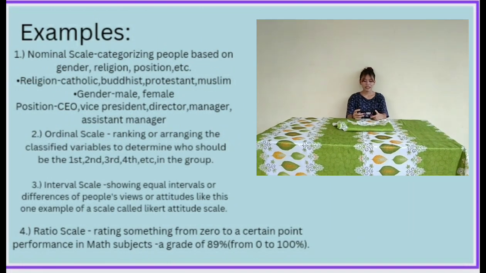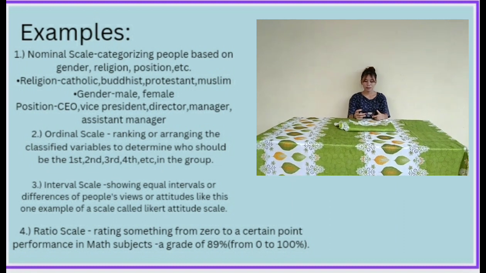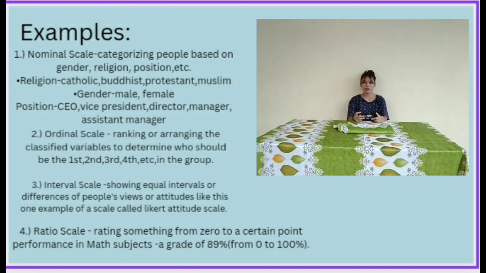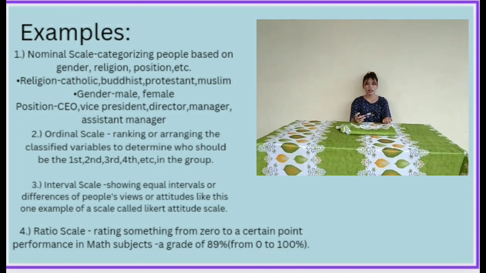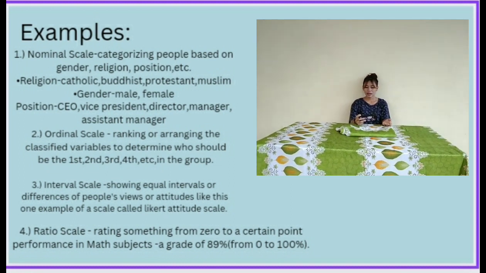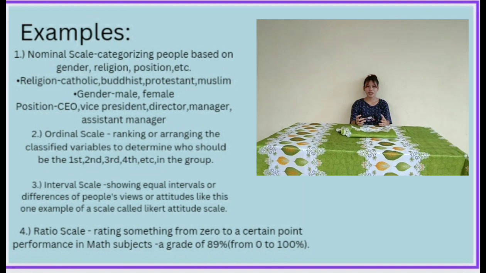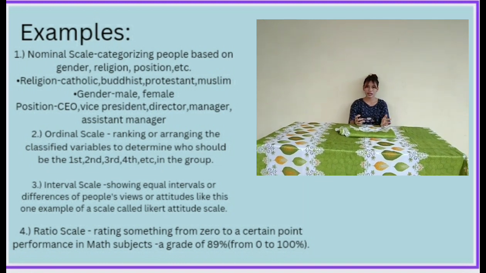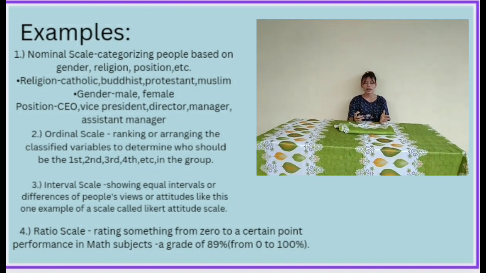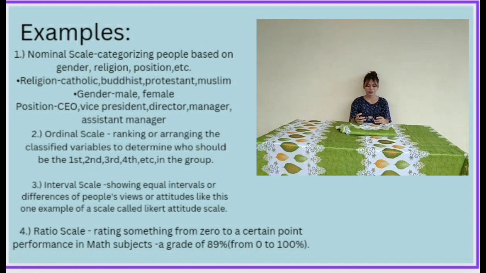Examples: first, nominal scale categorizes people based on gender, religion, position, etc. Religion, for example: Catholic, Buddhist, Muslim, Protestant. Gender: male and female. Position: CEO, President, Vice President, Director, Manager, Assistant Manager.